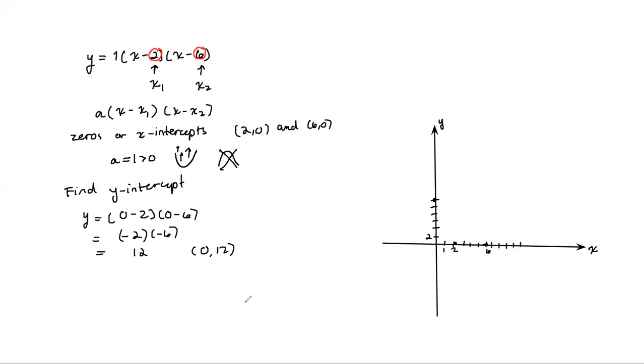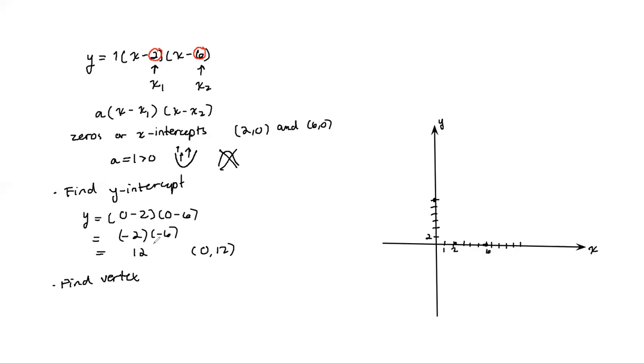And can I find maybe another point that can help me out? Yeah, of course I can find other points. But what do you think we would need as well to help us find this parabola? We definitely need the vertex. So it's important to find the vertex as well. Now you might ask me, okay, how do I find the vertex, but I don't have any h or k?